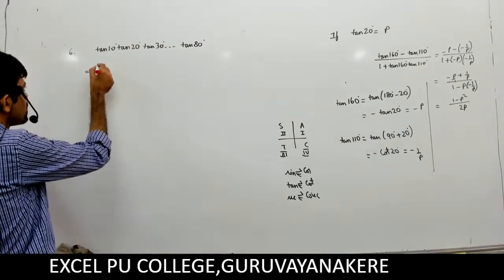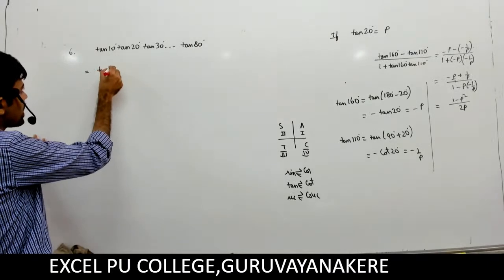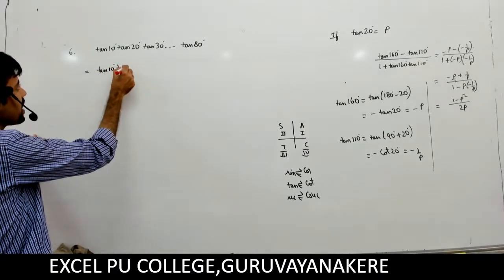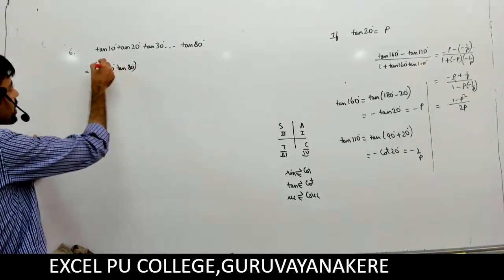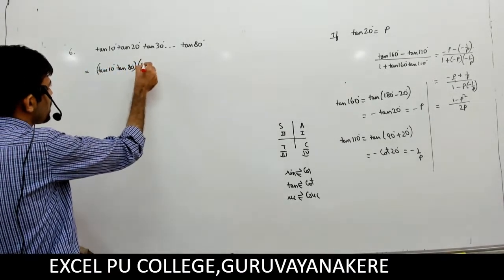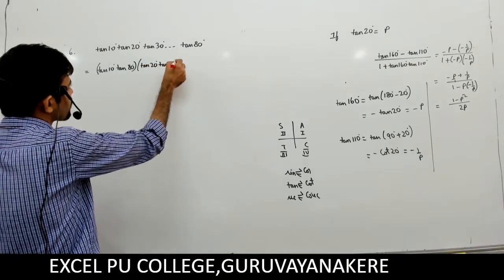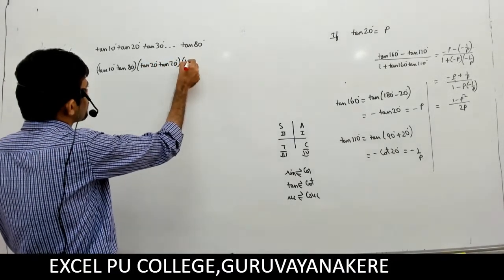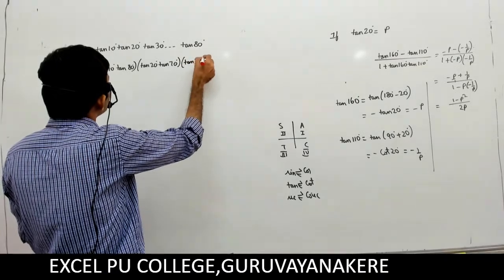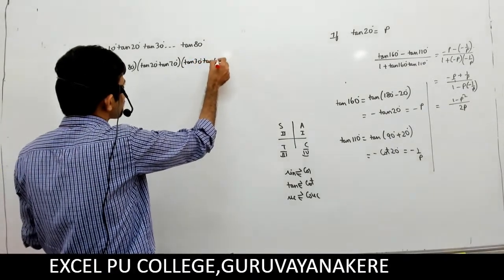What we do is combine tan 10 degree into tan 80 degree in one bracket. Next, tan 20 degree into tan 70 degree. Next, tan 30 degree into tan 60 degree.